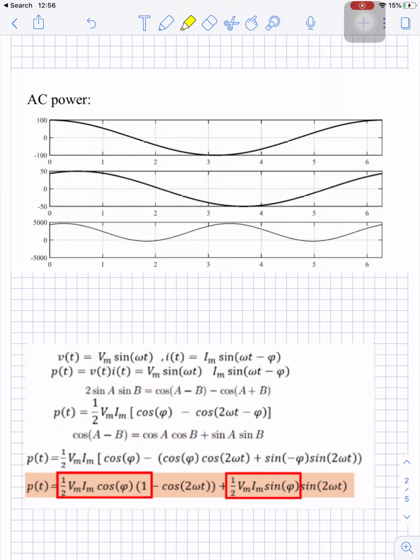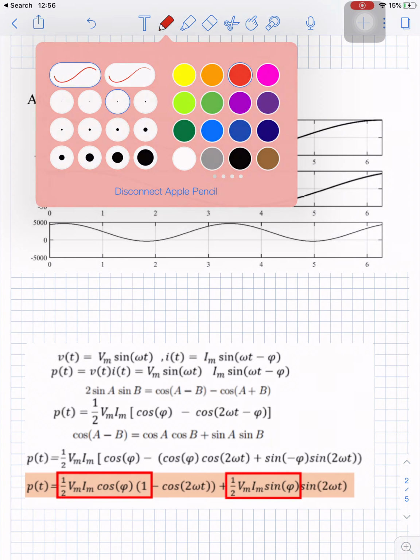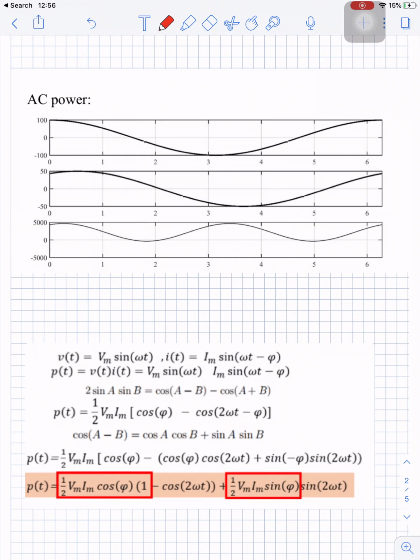so let's start with what we did last time, just a quick revision of basic concepts. We said in AC circuits that the voltage and the current will be waveforms. So assume this is a voltage V of t, and this is a current I of t.